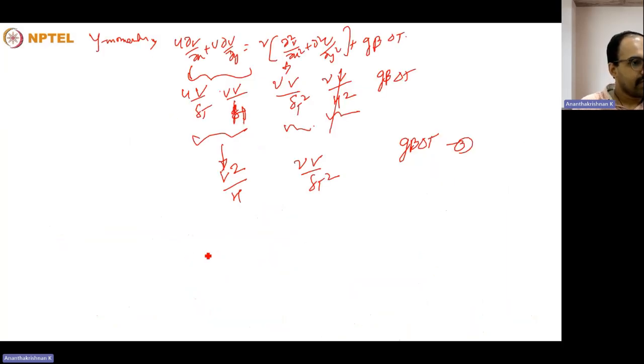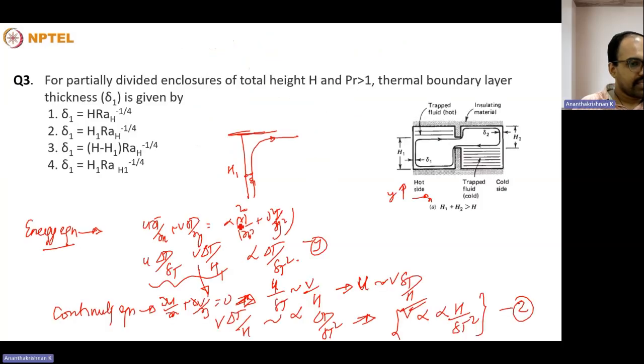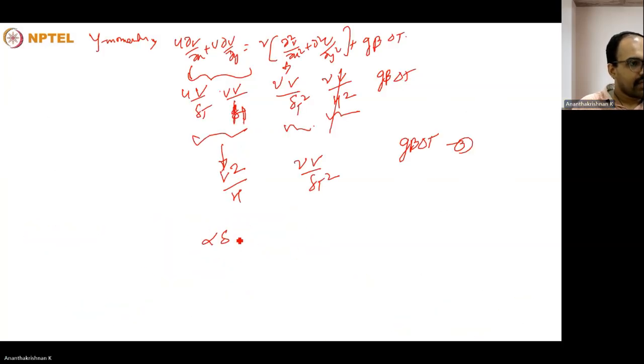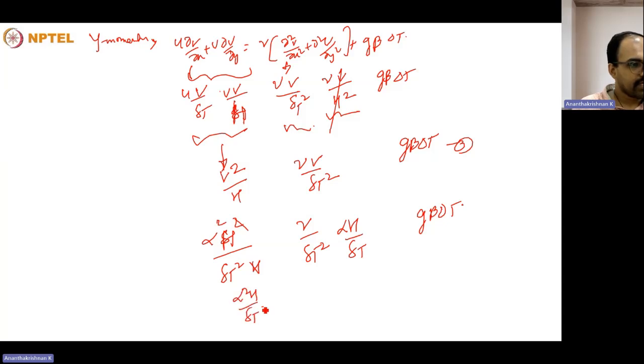So we substitute here alpha h divided by delta t squared: alpha squared h squared divided by delta t squared h, nu alpha h divided by delta t squared, and g beta delta t. Canceling, this will be alpha squared h divided by delta t cube, nu alpha h divided by delta t cube, and g beta delta t.